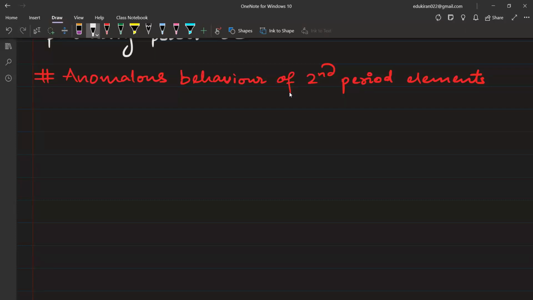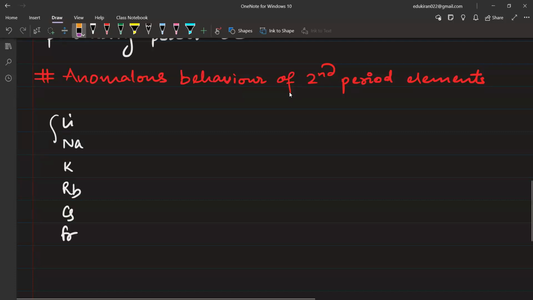Now, when you look at the first elements of group 1 and group 2, and from group 13 to 17, then they are going to differ from the subsequent element of the same group. यानी कि अगर हम बात करें ग्रुप 1 में, तो लिथियम की जो प्रॉपर्टी होगी, that is going to be different from sodium, potassium, rubidium, cesium and francium, है ना?